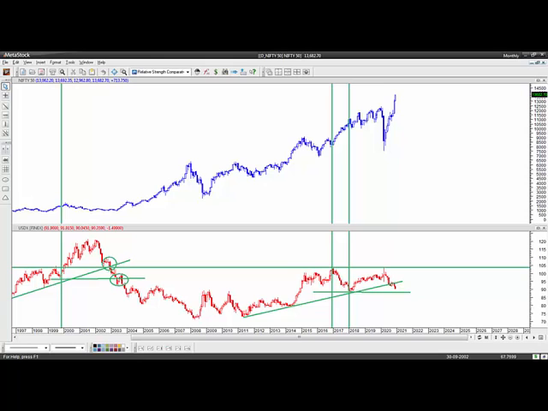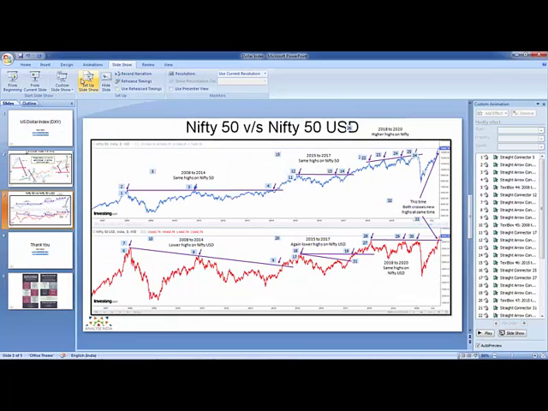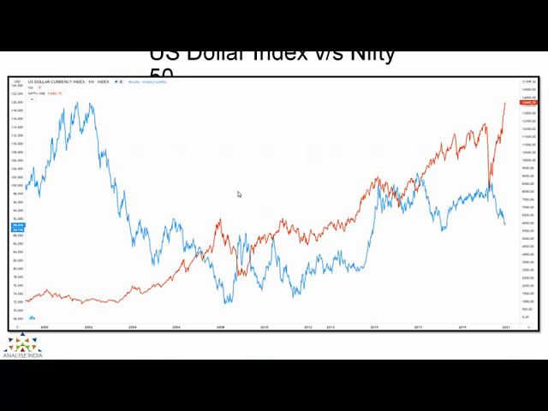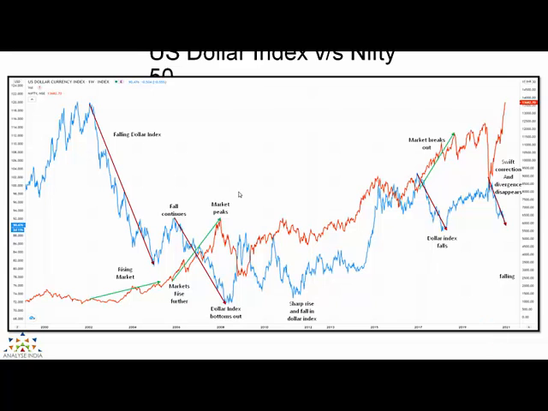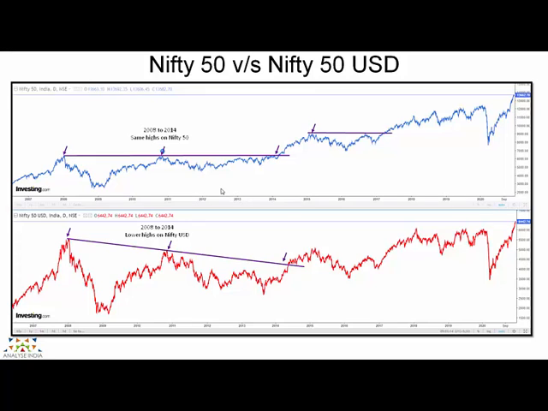And let me share one more very interesting chart which my teammate has made. This is the correlation which he has done. This is the Nifty 50 versus the Nifty 50 USD chart.